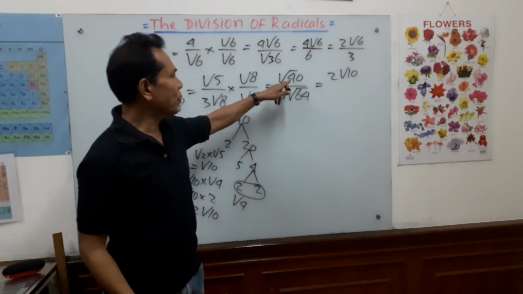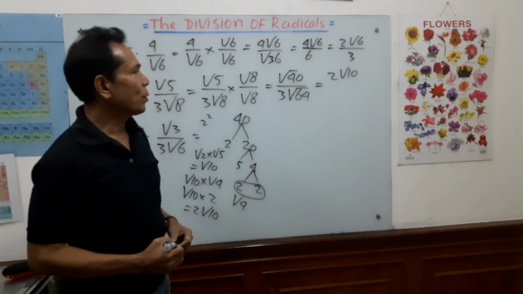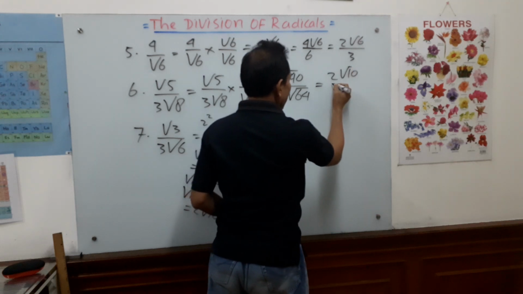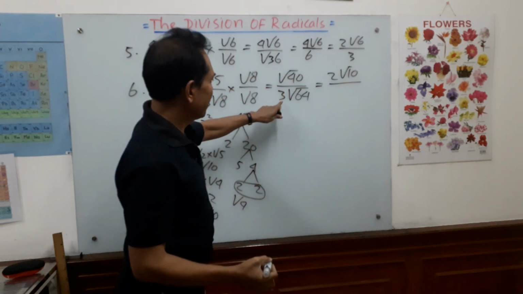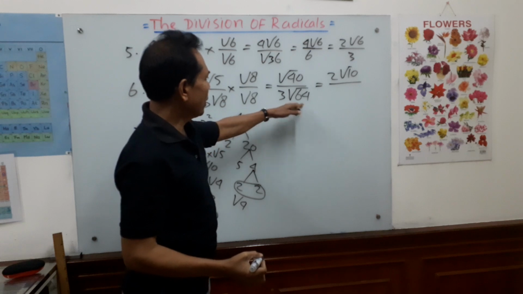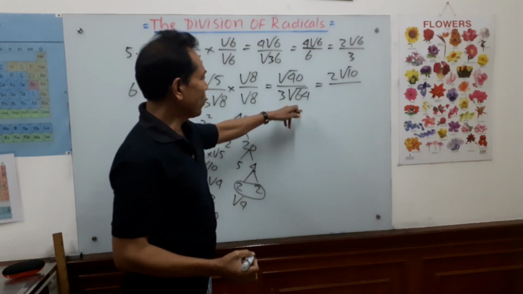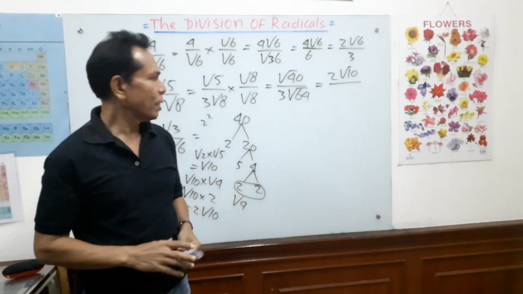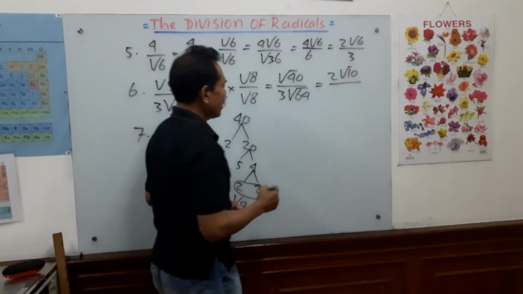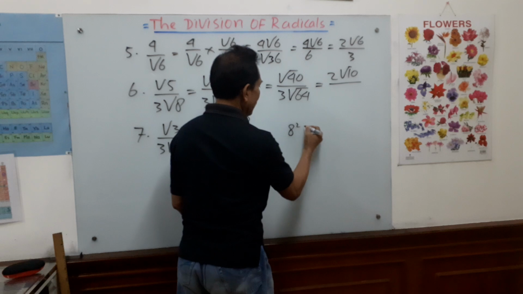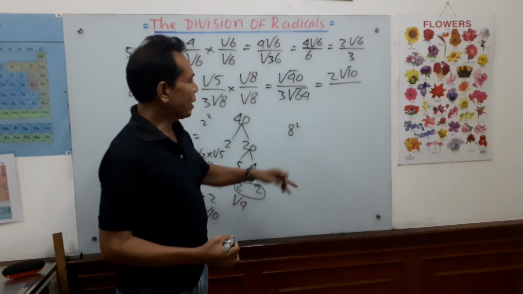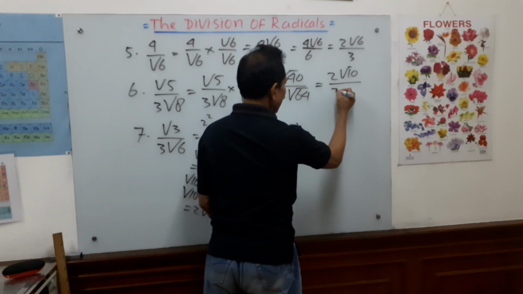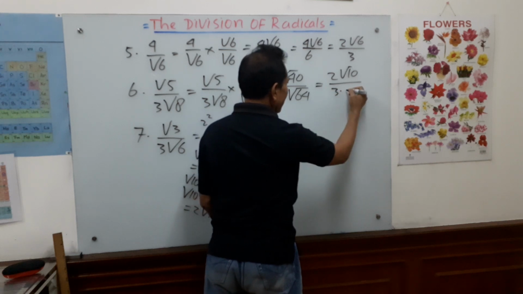When we simplify square root 40, we get 2 square root 10. Now we look here, we need to simplify this also. So square root 64 is a perfect square. It comes from 8 squared. 8 times 8 is 64. So we have here 3 times 8.